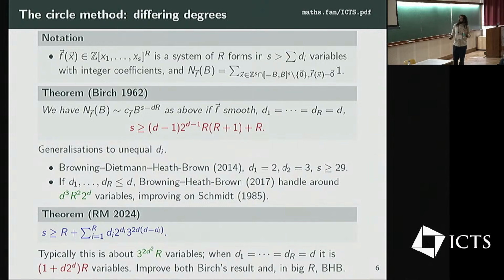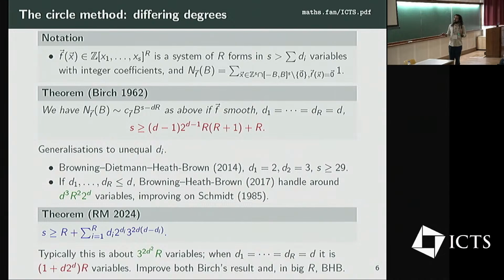Okay, so just rearranging this content a bit. This is the result that I'm advertising in this case. I've just written an inequality here, and what I mean is that you can substitute this for this. You can remove the assumption that the degrees are all the same as long as f is smooth and the number of variables is this big.